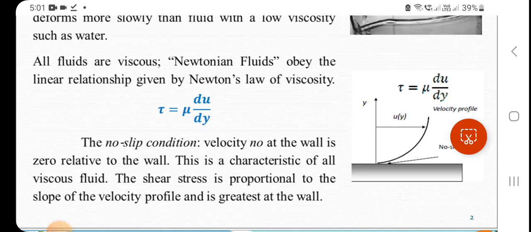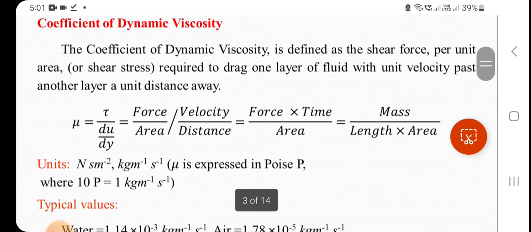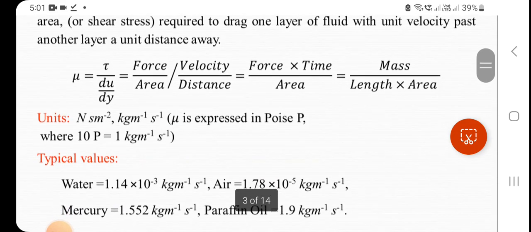So if we want to remove the proportionality sign, we are expressing it as dynamic viscosity mu. So dynamic viscosity mu is equal to, from equation 1, tau divided by dou u by dou y. So shear stress can also be calculated using force per unit area divided by velocity by change in distance.